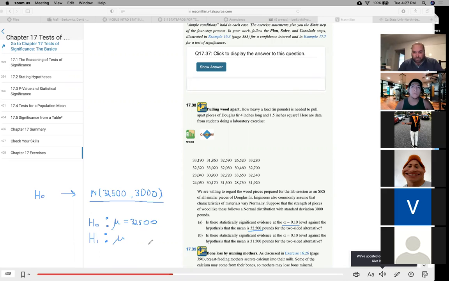How do I write different from 32,500? If something is different than 32,500, then mathematically, what would I put in here? It does not equal. So the other option is that it's not equal to 32,500.